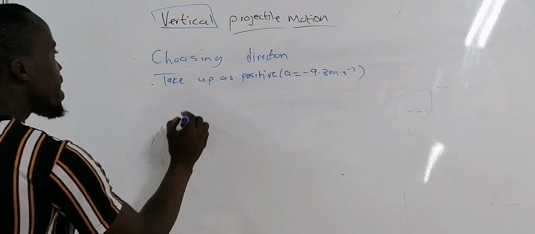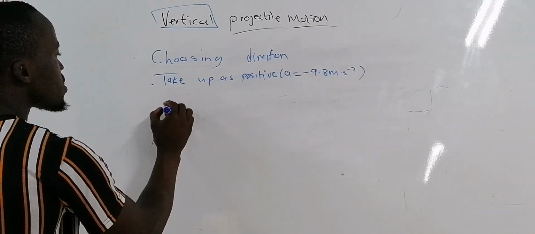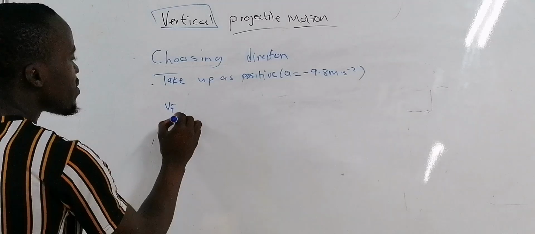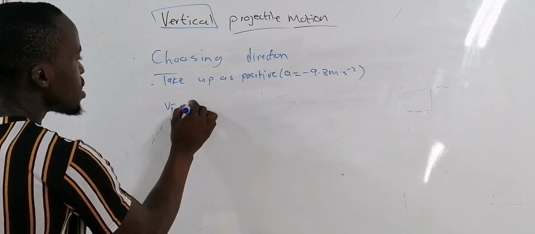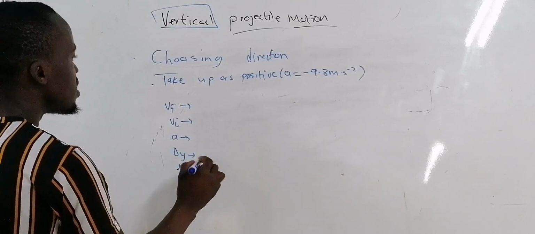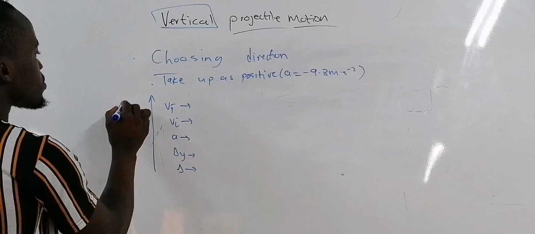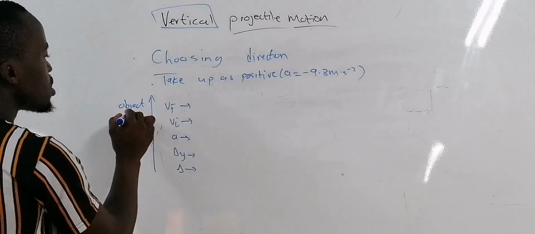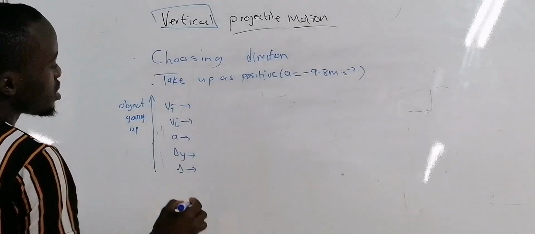Now, when I take up as positive, this is what I always tell my learners: V final, V initial, A, change in Y, change in T. Here, the object is going in the upward direction.